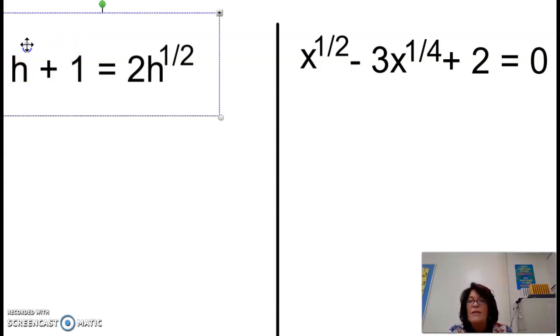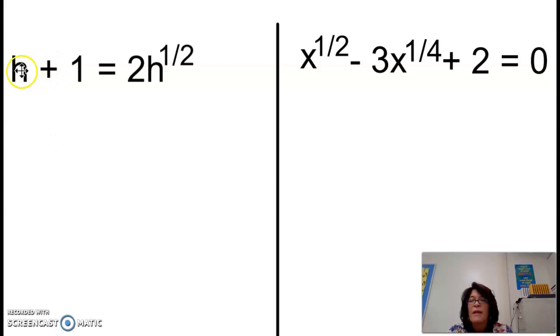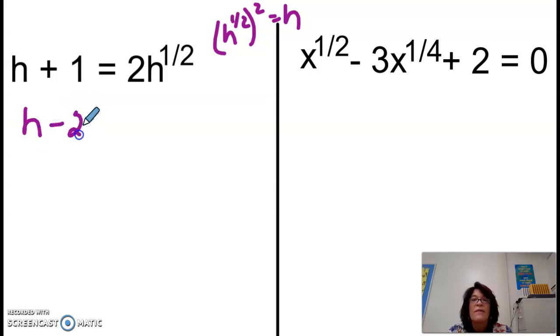quadratic like. Do you see how this is h to the first, this is h to the 1/2. If you take h to the 1/2 and square it, you multiply the exponent, so that's h to the first. When you have that, you have something that's like a quadratic.